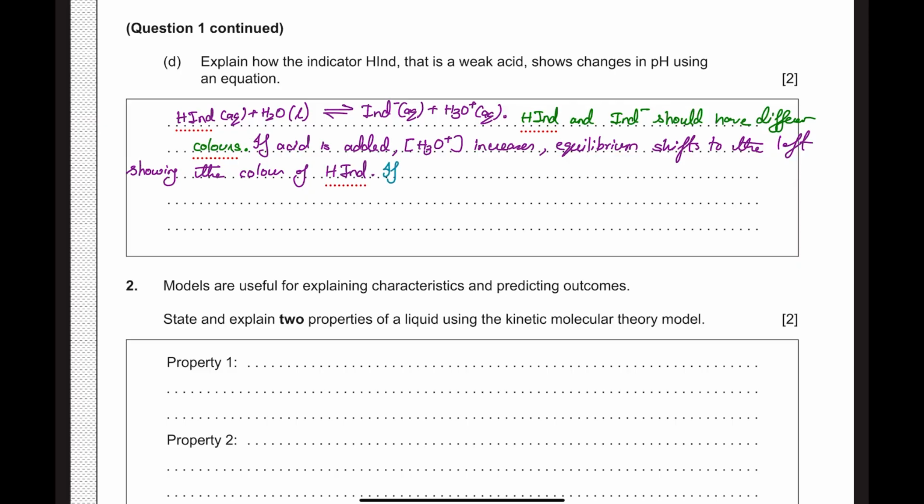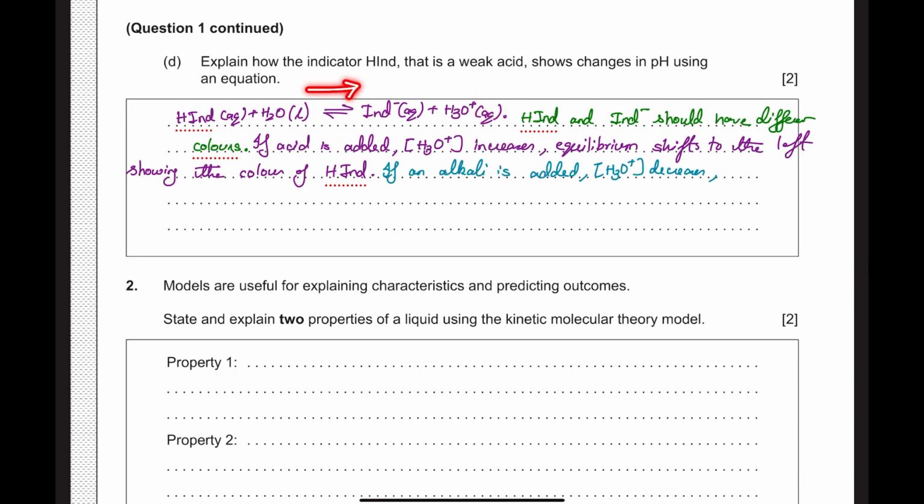Now, if an alkali is added, then guess what? The OH minus will react with this H3O plus to produce water. So H3O plus concentration decreases. And the equilibrium will try to restore this H3O plus concentration by shifting to the right.